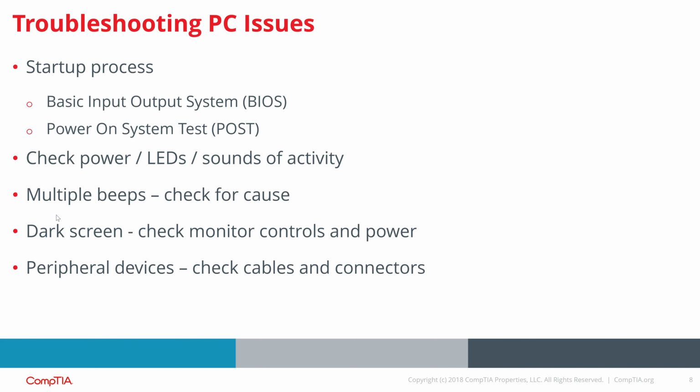These are the basic things you want to make sure are functioning, because oftentimes problems can be resolved in one of these basic steps, and you don't want to assume that these are all working.